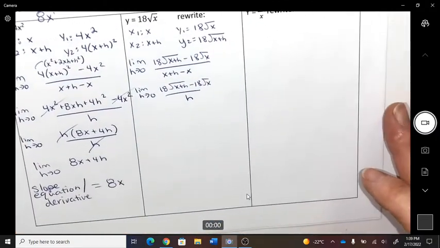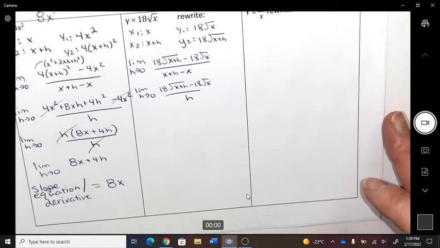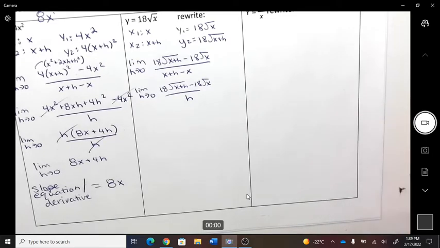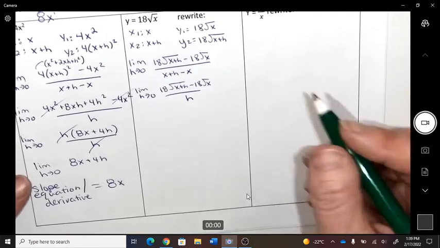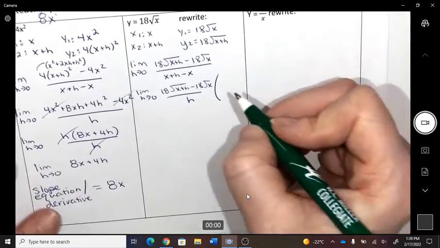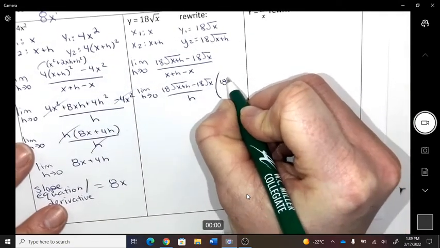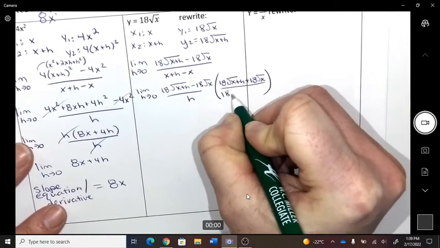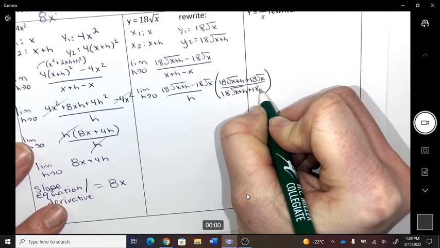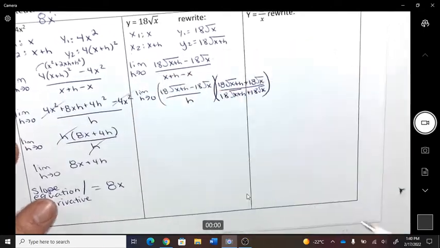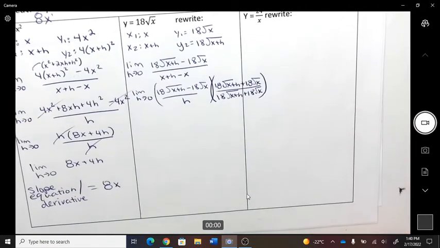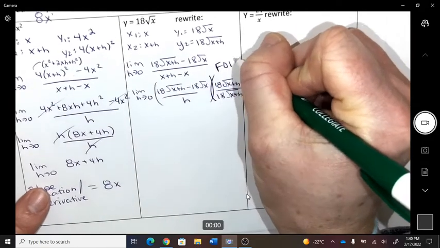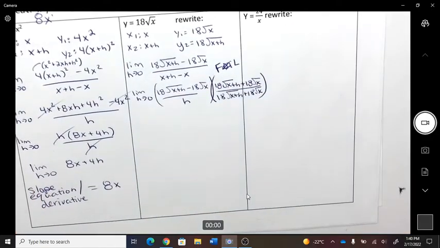Okay, what is the strategy we learned with the radical question? What should we do? How do we get rid of radical stuff? Times by the conjugate. Okay, so when you do the conjugate, don't forget, when you FOIL, you can cheat and just do the FL.